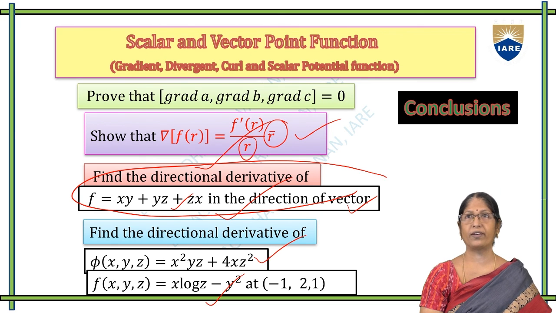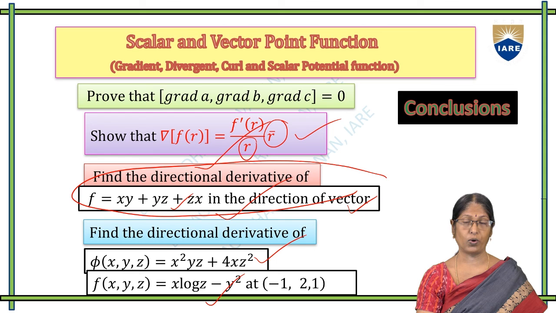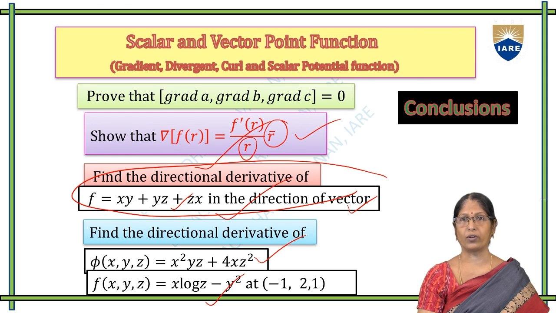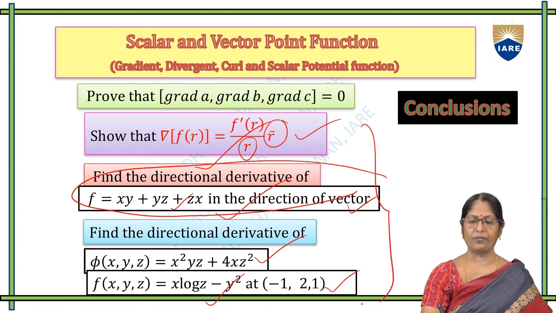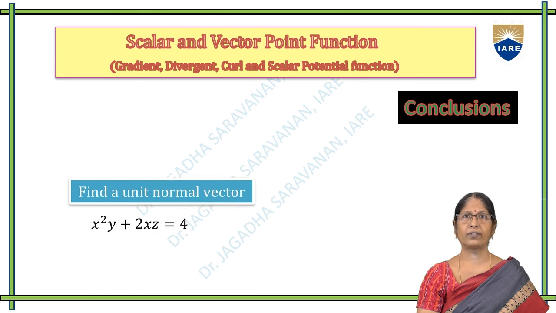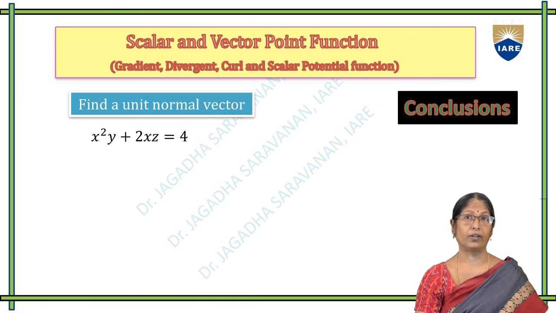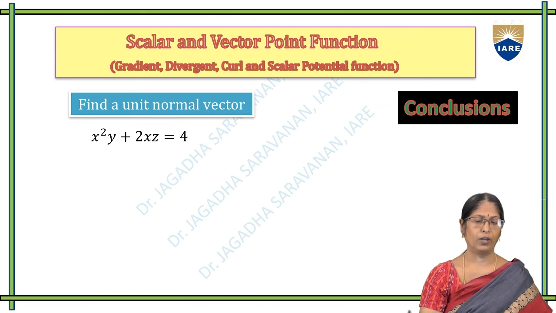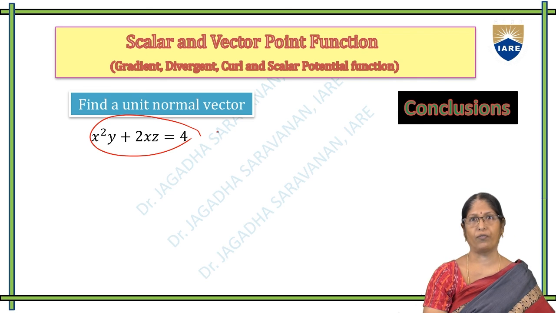When we concentrated on this directional derivative, the phi function is x squared yz plus 4xz square, and f is x log z minus y square at this particular point, minus 1, 2, 1, with complete partial differentiation, which is explained in this video lecture. Next, we concentrated on the unit normal vector for a given function.